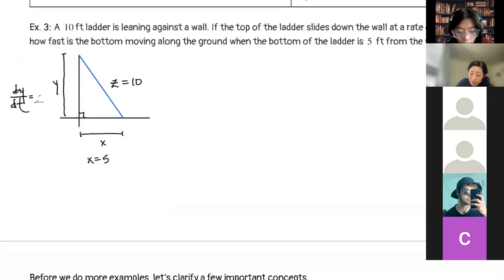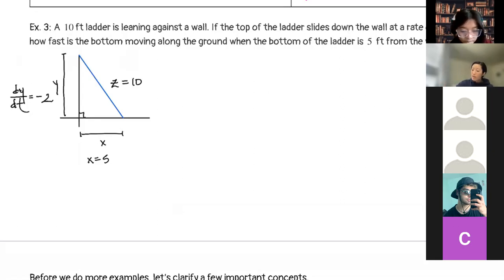So I'm going to erase the 2, and in front of it, I'm going to write negative, and then I'm going to write the 2. Okay. Now, your gut instinct was so spot on that if something is getting smaller, we're going to say that rate is negative. But if something's getting bigger, we say that rate is positive. Does that make sense? A smaller rate is negative. Increasing in size will give us a positive rate.